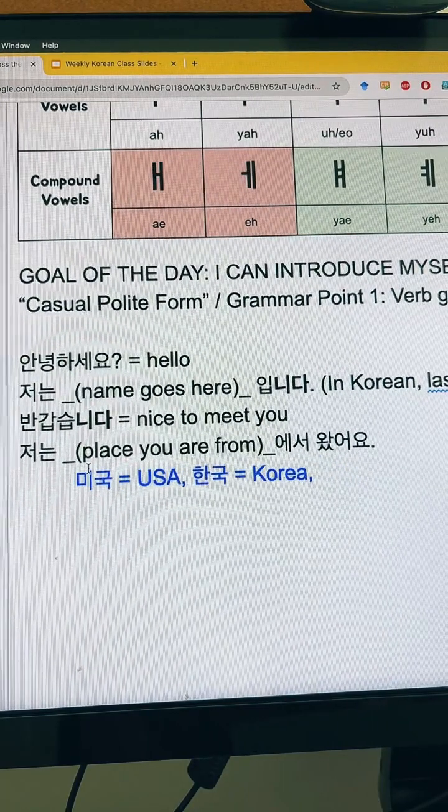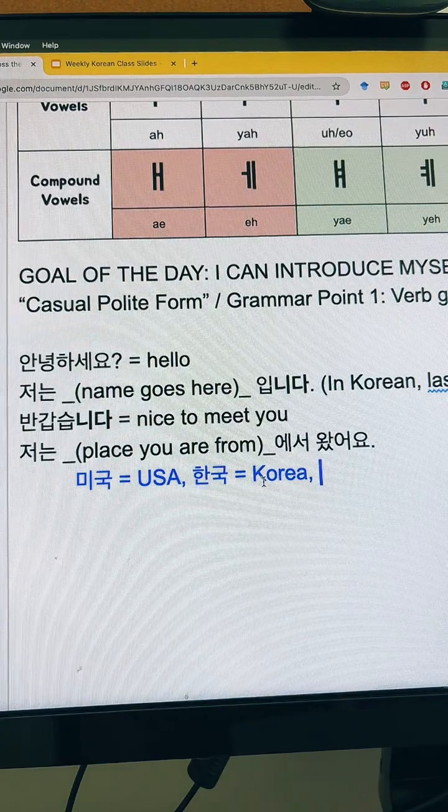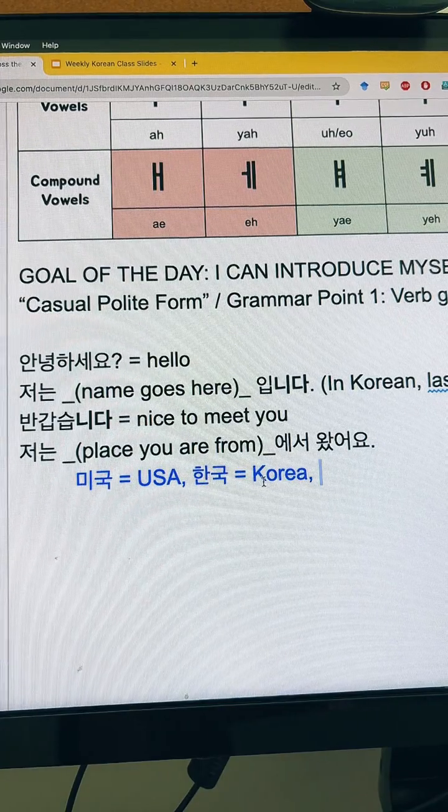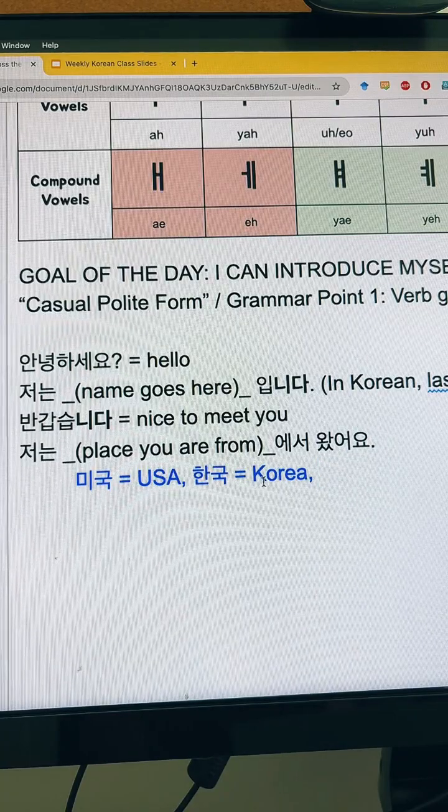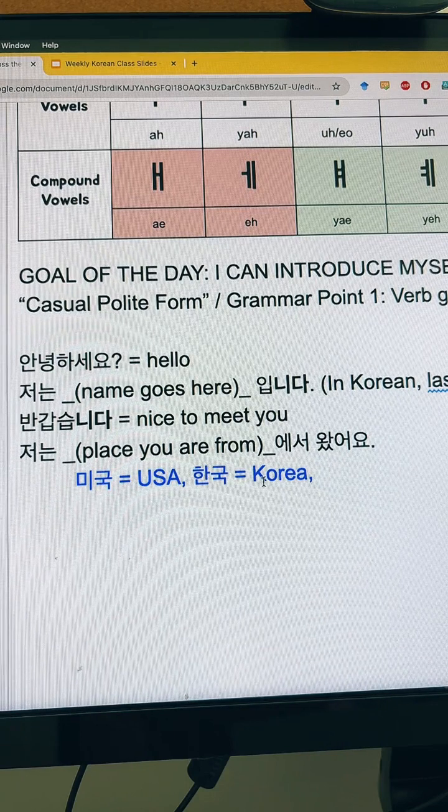Where else? You don't have to say the country. You can say like the city, right? Yes, 한국. Perfect. You can also say the city name if you want. If you maybe are attending like an event.